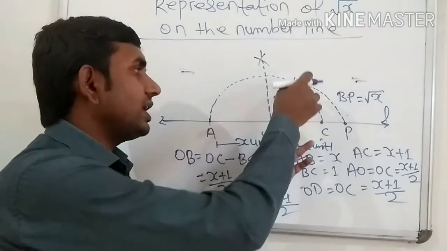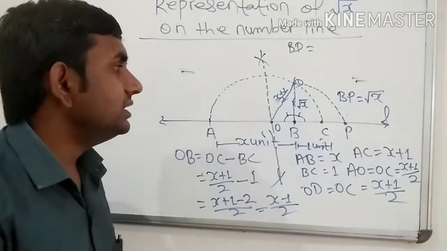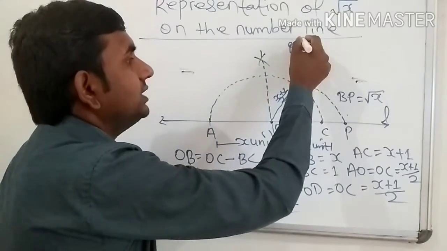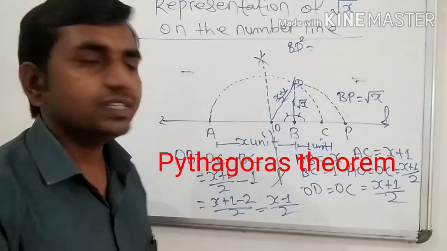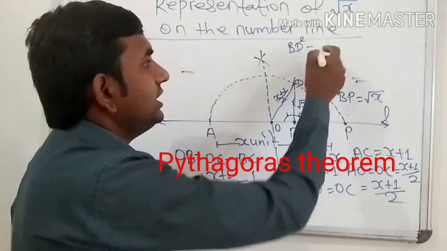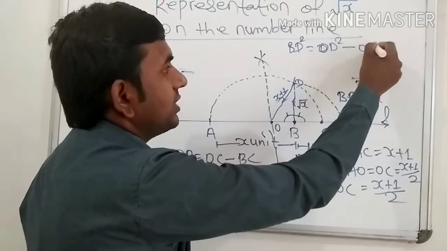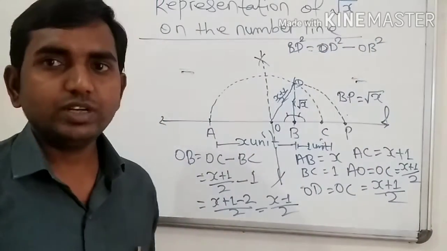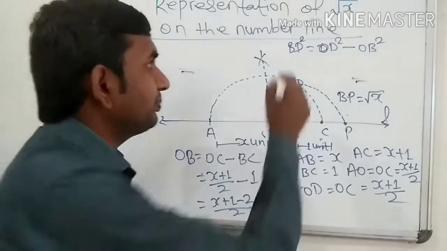Now we want to find BD. We know that BD is perpendicular, so BD square is equal to OD square minus OB square by Pythagoras theorem.